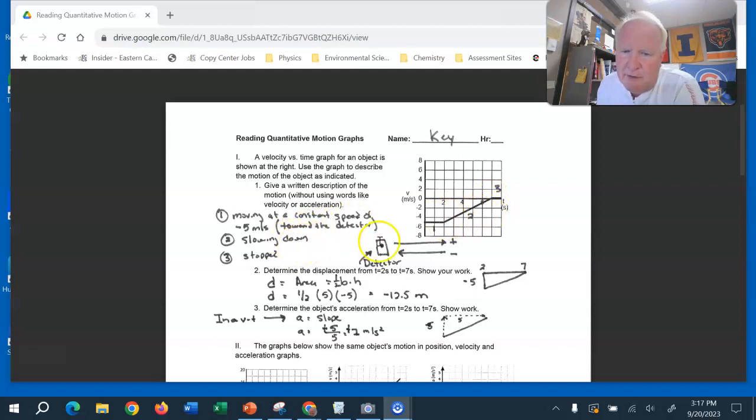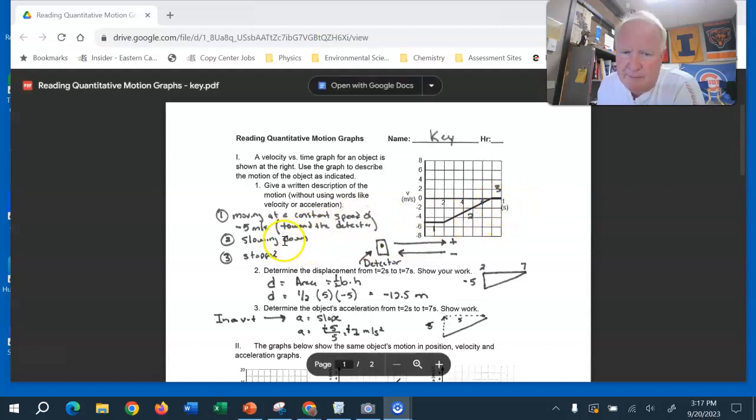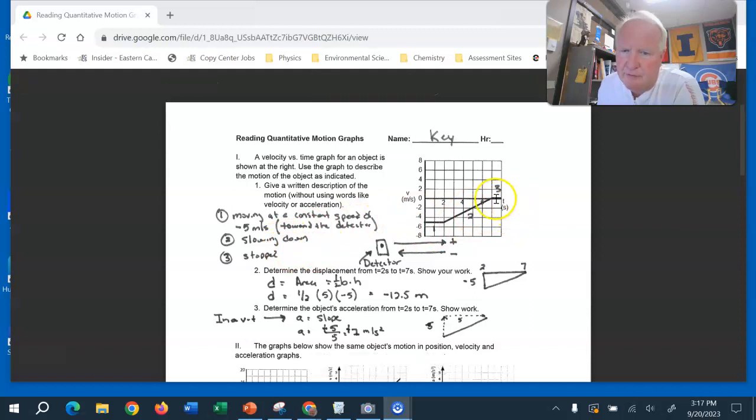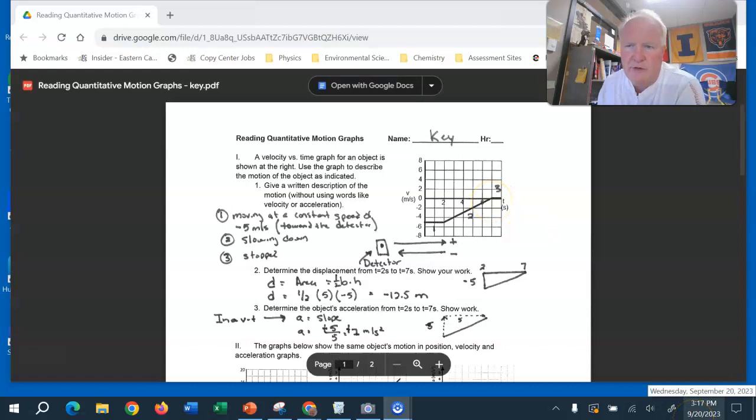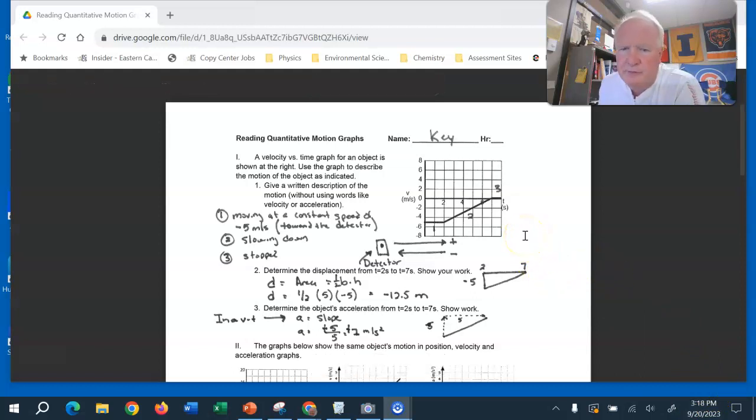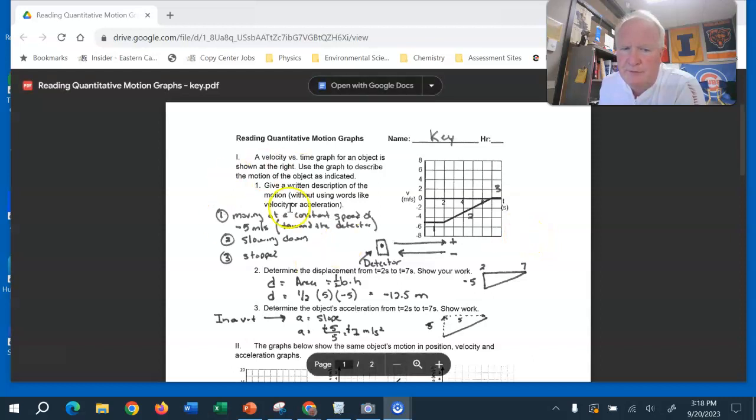And then it says, what's the third part? We're stopped. So now we have 0 velocity, and 0 velocity means we're stopped. So always, always, always think in your head, like say it out loud. Don't just stare at the sheet, but actually say to yourself, what does -5 meters per second look like? Okay, so that's the first one.